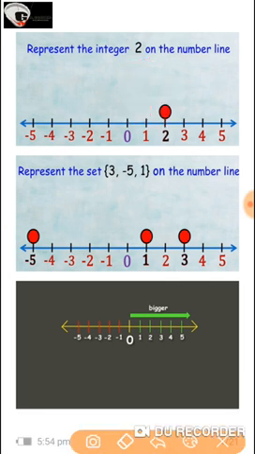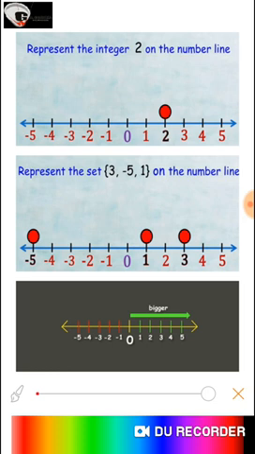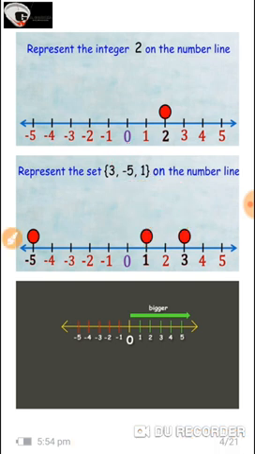Similarly, we can show a number of points on a number line. Suppose we have numbers 3, -5 and 1 that we have to show on the number line. Starting with 3, it is clearly understood that it is a positive integer, so we are going to shift 3 steps towards the right, and the number 3 is represented there.